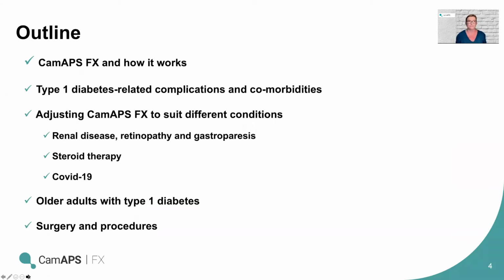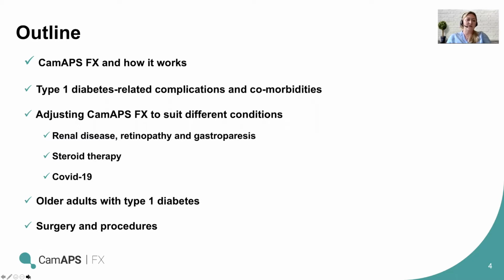I'm going to hand over to Sarah to take us through the webinar. Thank you, Sarah. Thanks, Candice. So just as a brief outline, we're going to whiz through once again how the system works for those of you who maybe haven't seen any of the other sessions. We're going to talk about the types of diabetes-related complications and comorbidities that people with long-standing type 1 diabetes can experience, and then focus on the ways that the system can be adjusted to suit some different conditions.